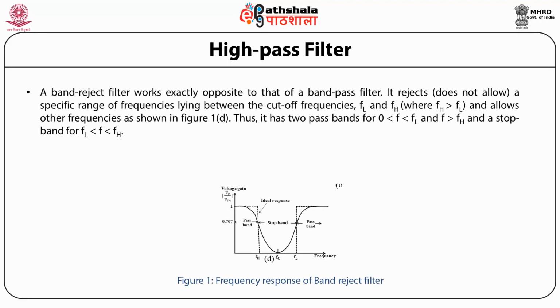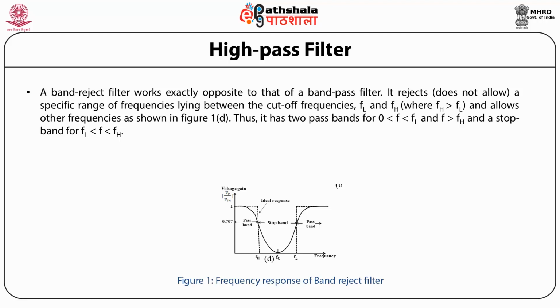A band reject filter works exactly opposite to that of a bandpass filter. It rejects or does not allow a specific range of frequencies lying between the cutoff frequencies FL and FH, where FH is greater than FL. On the other hand, it allows all other frequencies as shown in the figure.